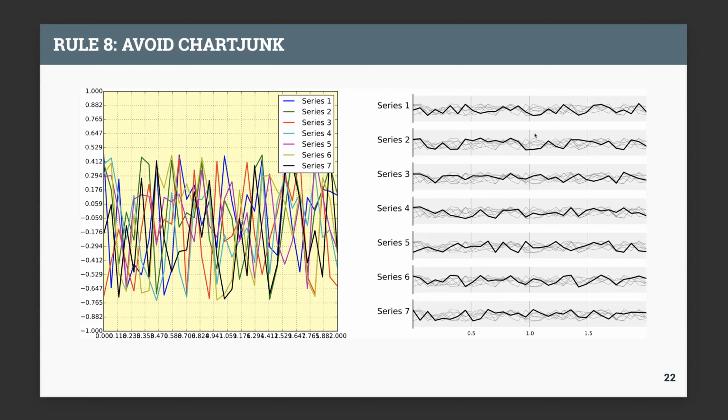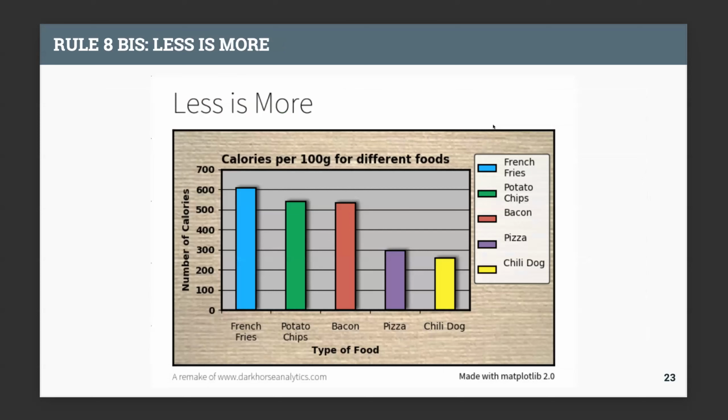What is interesting is that if you look at the area of the two graphics, they take the same area, so you don't lose space by doing that, and it's much easier to compare the data.